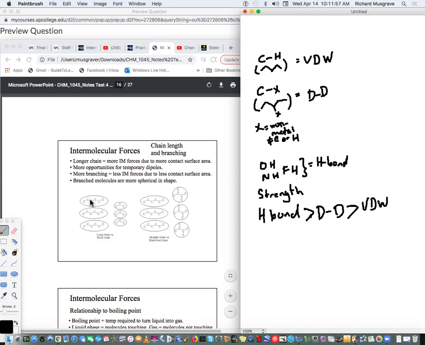And by surface contact, I'm just talking about between the chains themselves. So look at these bubbles that I've got around each of these carbon chains. What I'm saying is the longer the chain, the bigger the bubble, the more opportunities for those carbon chains to interact. So what that means is that a longer chain will generally mean there's more intermolecular forces between those chains. Does anybody have any questions so far?